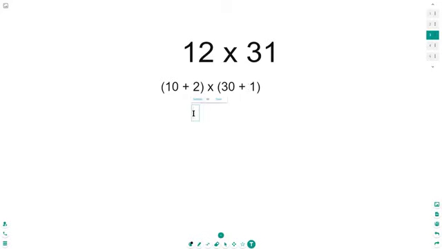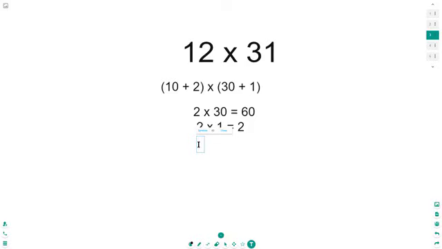We're going to start with the 2. I'm going to write it out so you can see it. 2 times 30. Well, that's 60. Great. Let's move to the next one. 2 times 1 is 2. And we're holding these in our head, by the way. Now let's move over to the 10 in the 12.